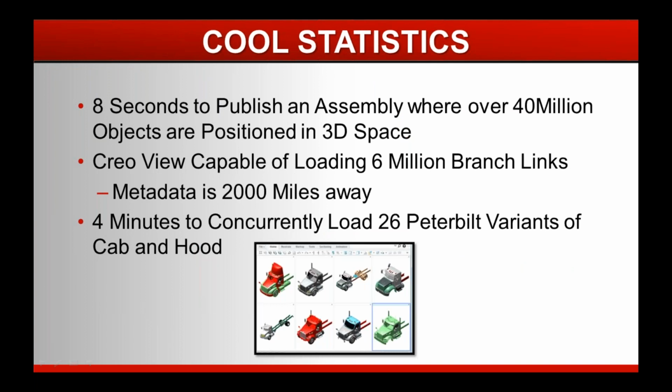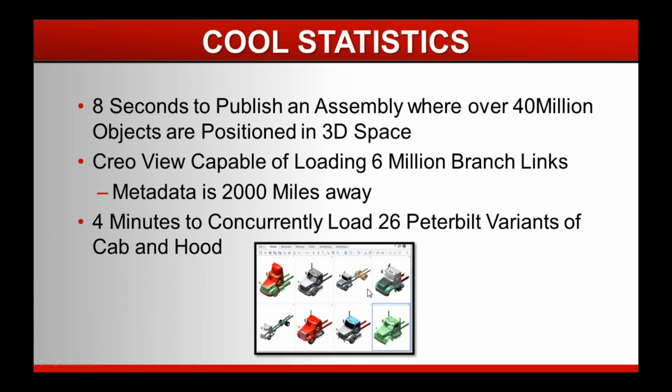Here are some cool statistics before I get into my demo. In general, it takes 8 seconds to publish an assembly where over 40 million objects are positioned in 3D space. That makes life easy and simple. We have had Creo View load 6 million branch links into a session. Our server in Denton is 2,000 miles away from the server in Renton, Washington.